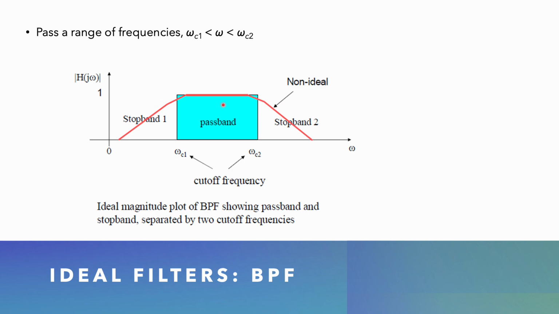For the ideal filter, in the pass band the gain is equal to 1, whereas for the non-ideal filter, the gain is constant in dB. For the stop band, the gain for an ideal filter is equal to 0. However, for a non-ideal or impractical filter, in the stop band area the gain is not equal to 0.